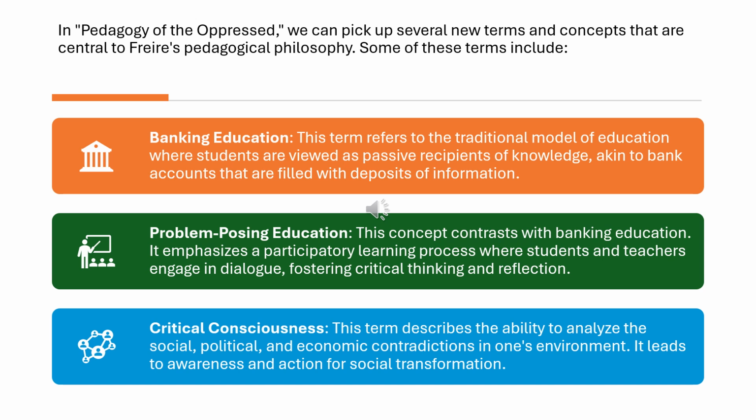So bringing all that together and having a critical consciousness is very important, because it leads to awareness and action for social transformation, and deciding what that transformation might be depends on what the current issues are in the world and what issues you choose to discuss with your students.